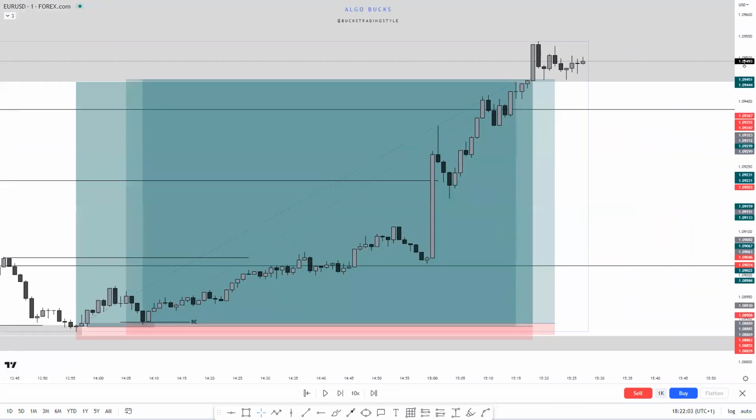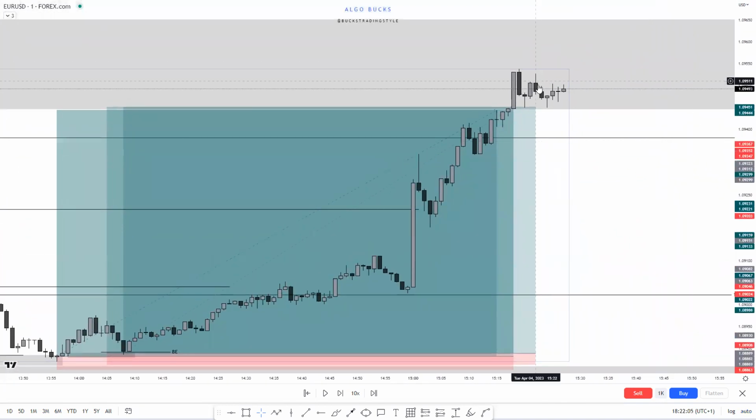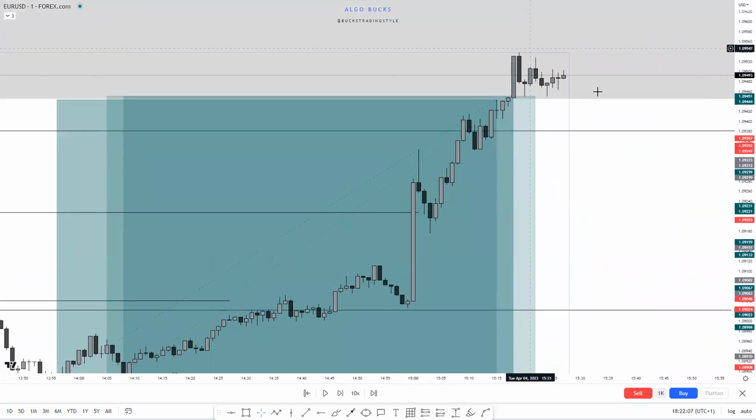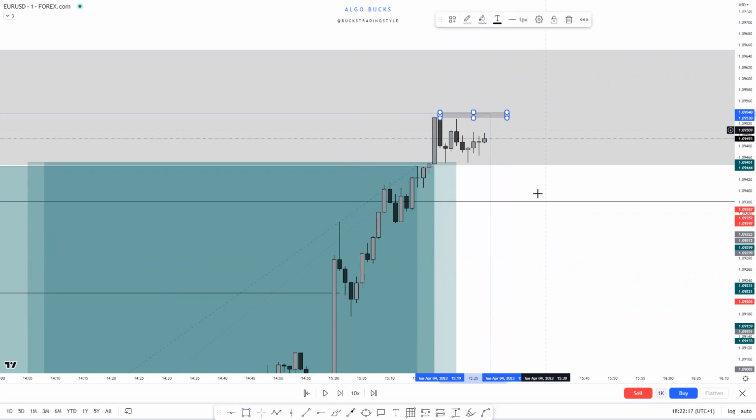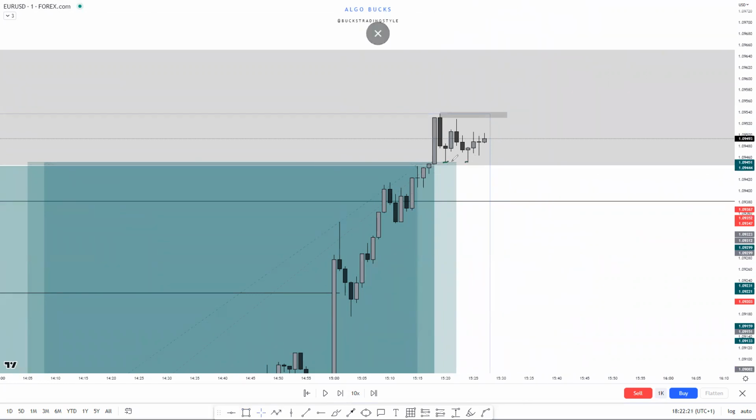So then on M1, we want to see a solid price model, a solid entry model in order for us to take the sell. But because of the aggressive push up, I might probably not be taking the sell. If I would be taking the sell, it would be at this high, but then there was no delivery because this low is lower than this one. So it would have been this, and then delivery.